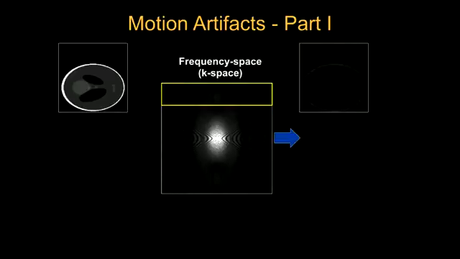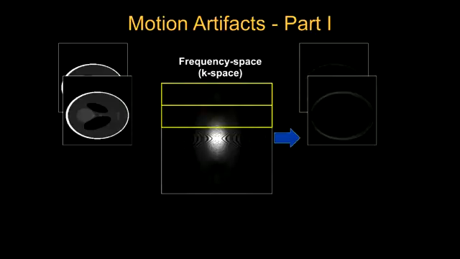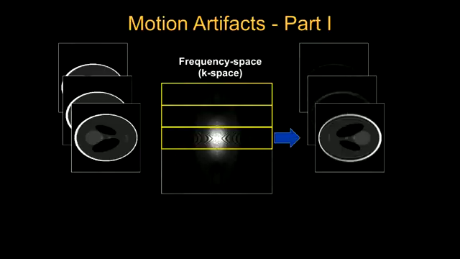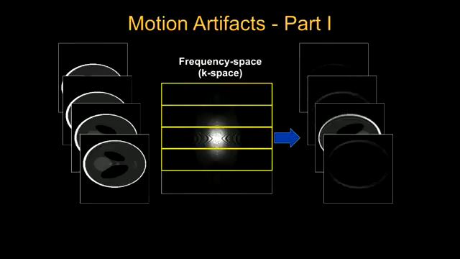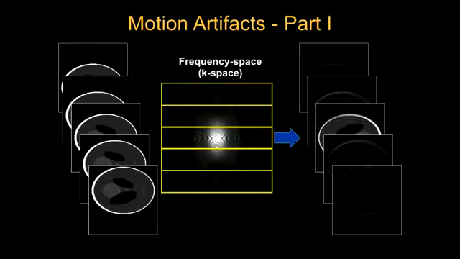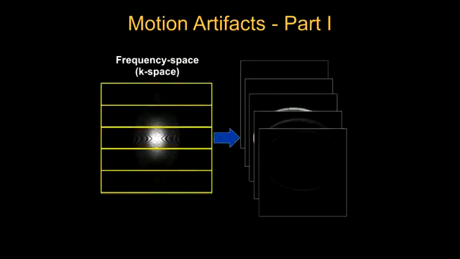So just think about it: when the object is at the bottom, you're actually acquiring the top portion of the k-space data, and when you apply the Fourier transform, it's something like that. Then the object moves, and you're going down, and then you have the central information, which has a lot of information, and then going down and down. And then when you sum everything together, it's going to be like that.